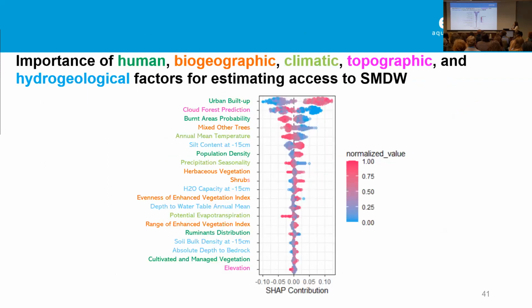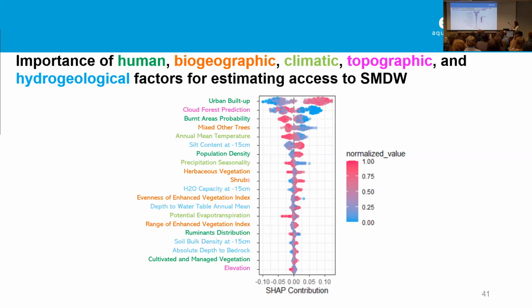And another thing which is interesting is to see the importance of these human, biogeographic, climatic, topographic, and hydrogeologic factors for estimating access to safely managed drinking water.